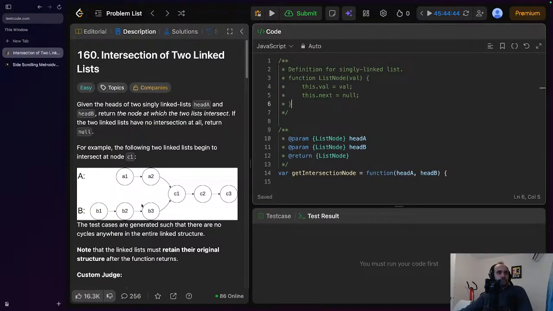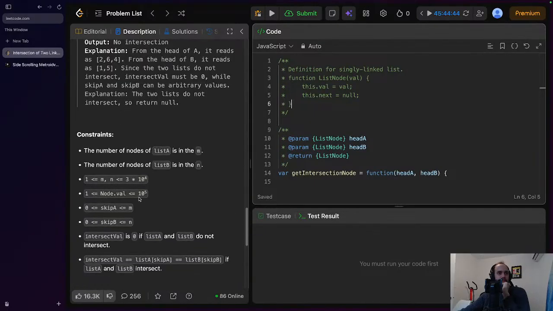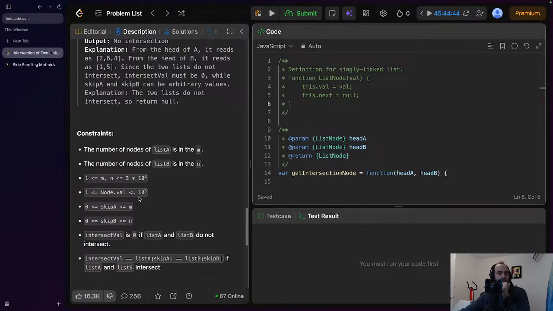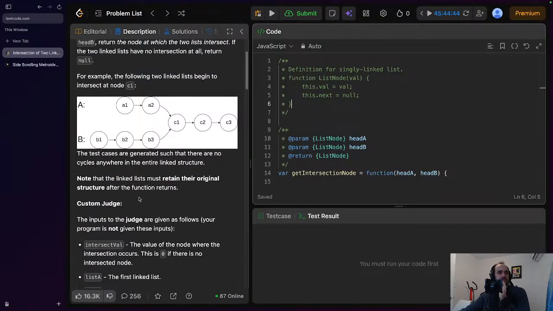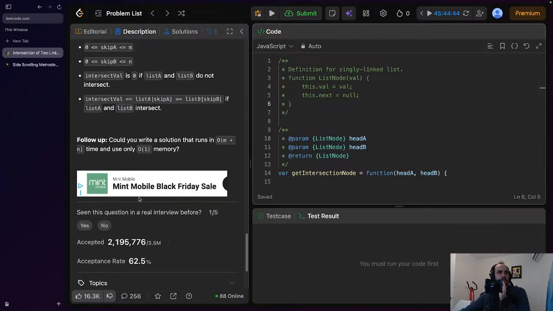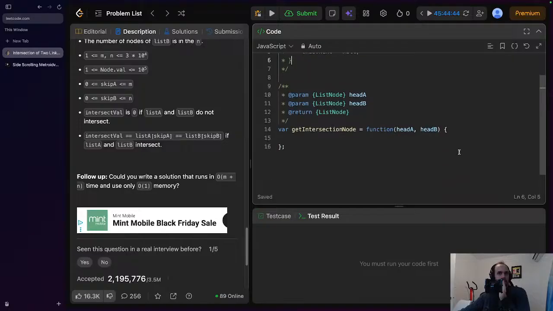So, trying to solve it in big O of M plus N. That's challenging, and also big O of constant memory. Going through each one only once without using extra memory.